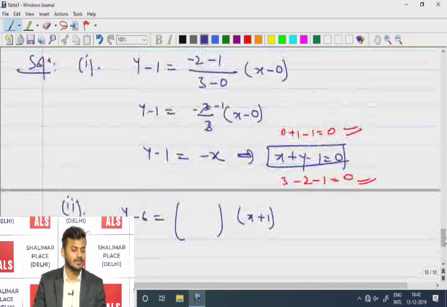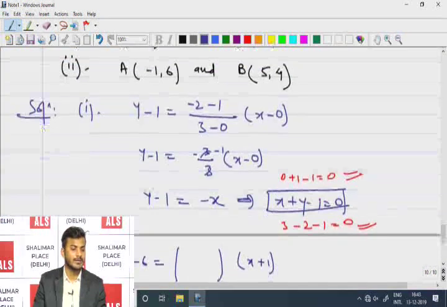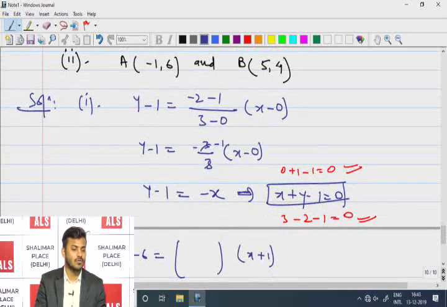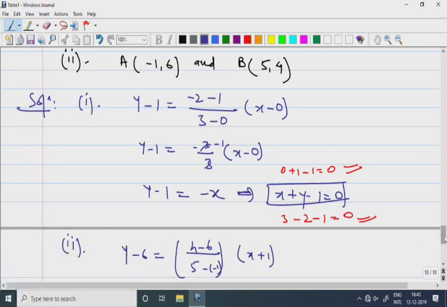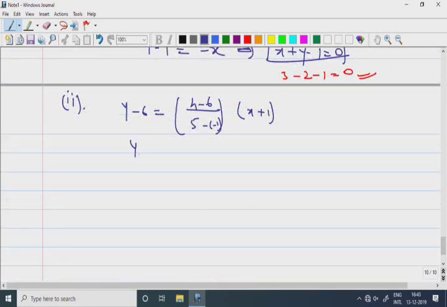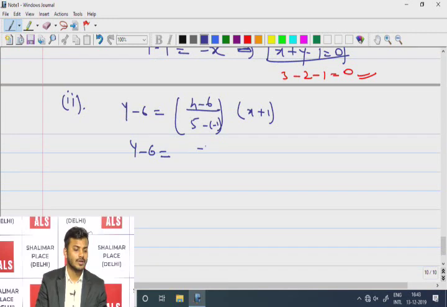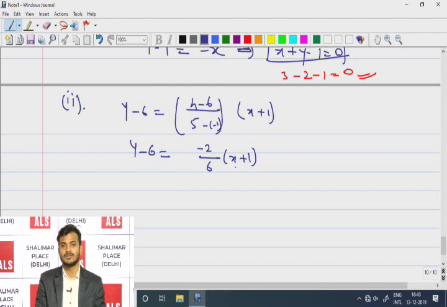Let me check. (-1, 6), yes. (5, 4). So it is 4 minus 6 over 5 minus of minus 1. So we get y minus 6 equals minus 2 by 6, times x plus 1.